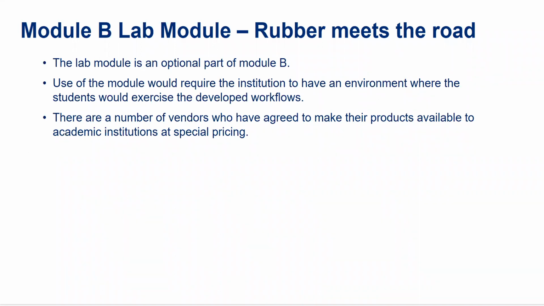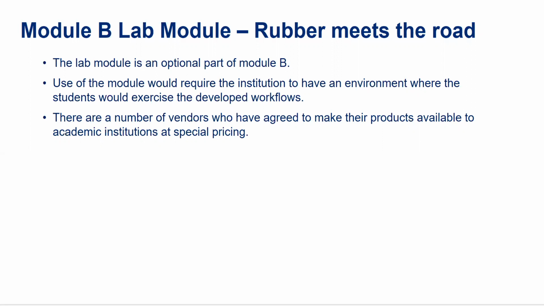And we provide in the instructor's notes a number of vendors that have agreed to make their products, their orchestration products, available to academic institutions at special pricing. This really boils down to a number of these products: if you go to buy full-blown licenses, academic institutions aren't going to do it for instruction.